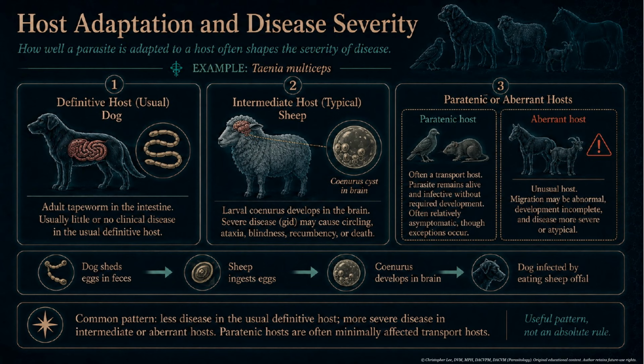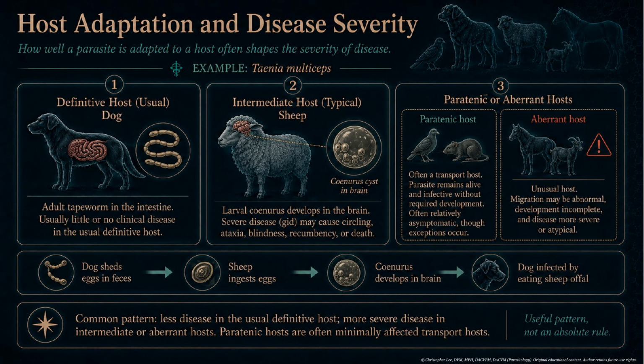In some life cycles, disease in the intermediate host may increase the chance that the parasite reaches the next host. Sometimes that means multiplication within the intermediate host, and sometimes it means tissue damage, weakness, abnormal behavior, or increased vulnerability to predation.